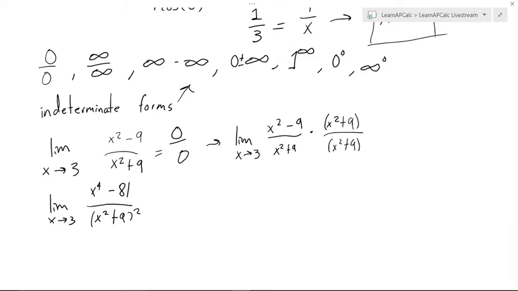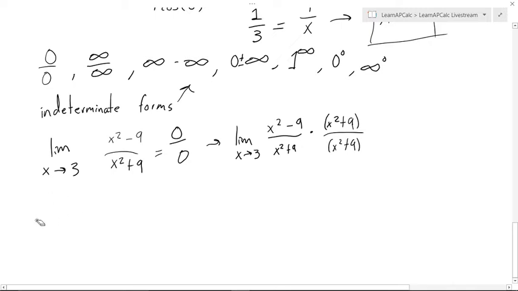Now, if we look at our thing, conjugating didn't really help us here. Again, I just still have something on the bottom that I can't factor and something at the top that's not going to cancel. So, okay, I can try conjugating a different way then.